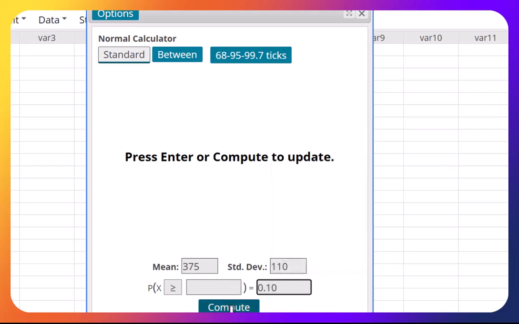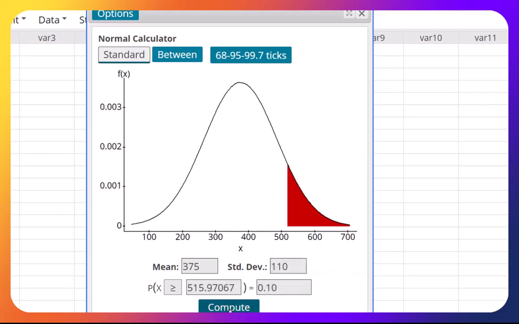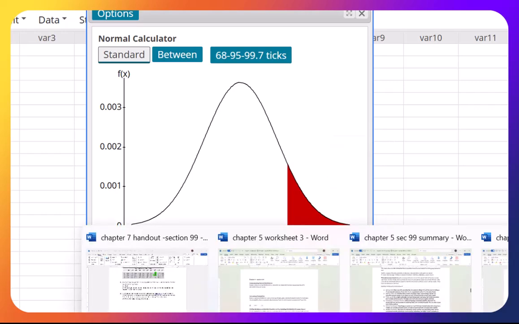And you're going to see the graph that reflects that. The red should be on the right. So students from here and up are the top 10%. What is the lowest score that would place a student in the top 10%? 515.97. If you round it, it would be 516. So students would have to get 516 or more to be a top 10% student.